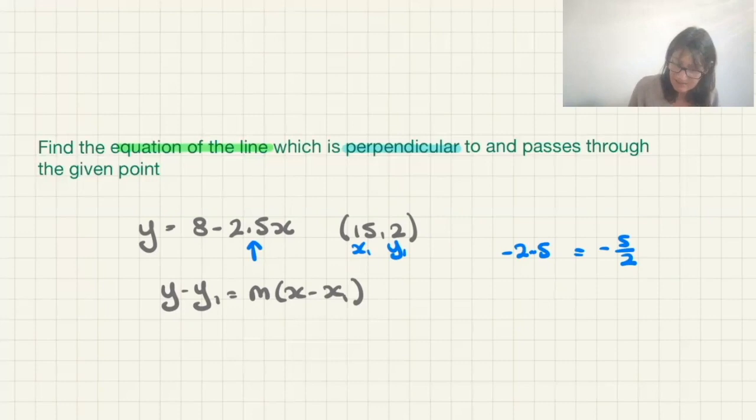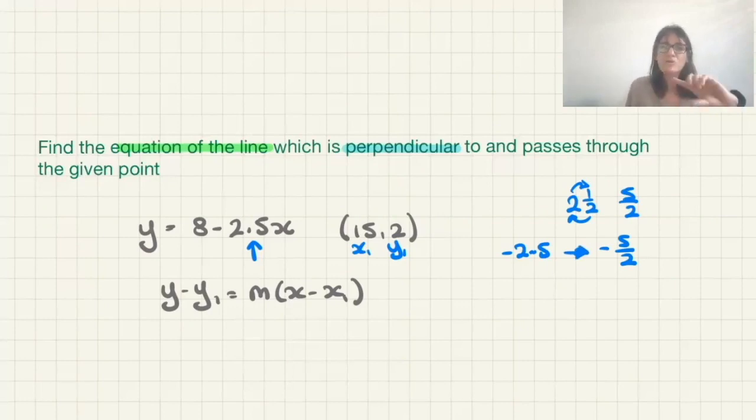Doing it by hand isn't overly tricky. 2.5 is 2 and a half, and then 2 times 2 is 4 plus the 1, and you've got your 5/2 that way. It doesn't really matter. Okay, so minus 2.5 is equal to minus 5/2. I want to flip and take the opposite sign in order to get my gradient, which is going to be positive 2/5.